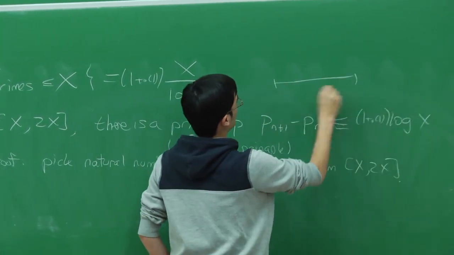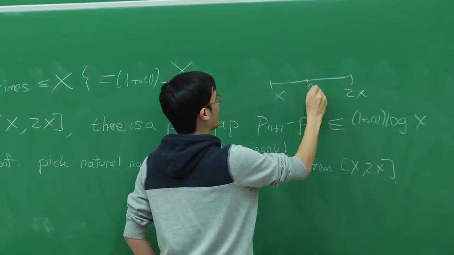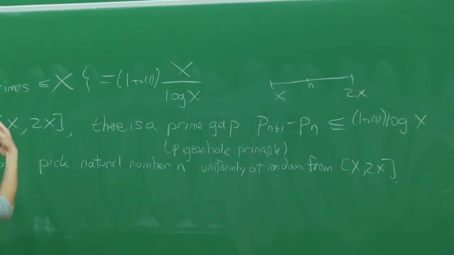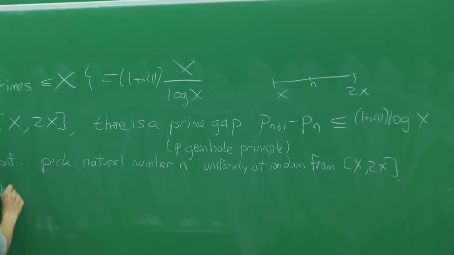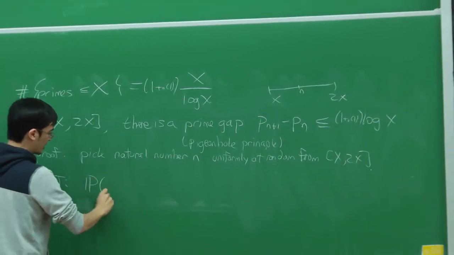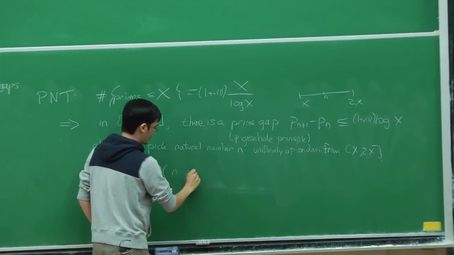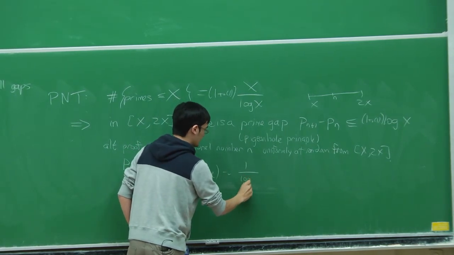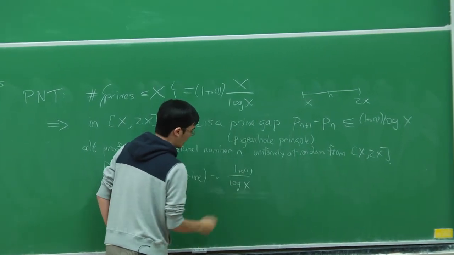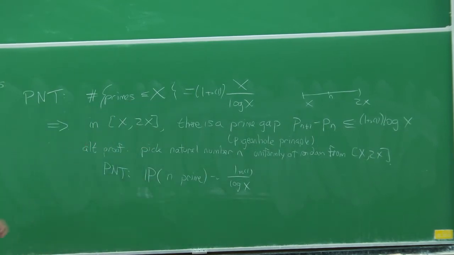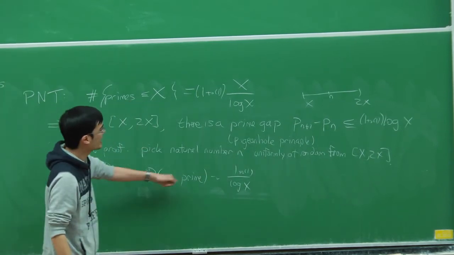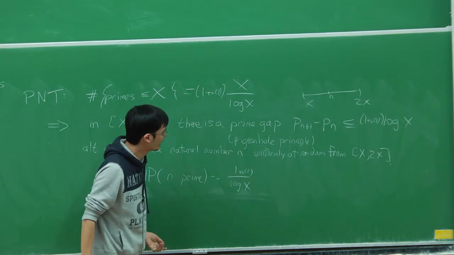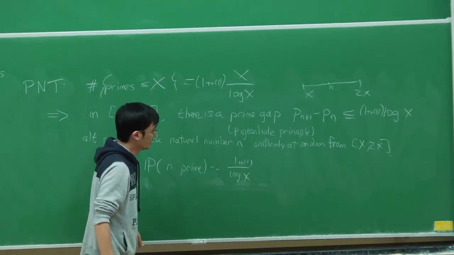Okay, so we have the interval from x to 2x, pick a number n at random. The prime number theorem tells you that the probability that this number is going to be prime is about 1 over log x, up to a small error. Okay, so the prime number theorem tells you that it's not very likely that you're going to be prime, but there's about a 1 in log x chance that you are prime.